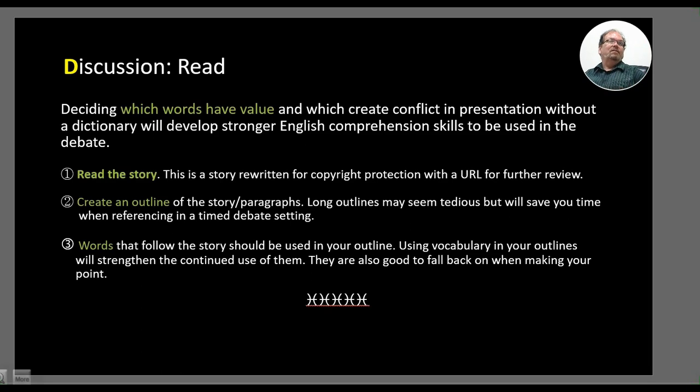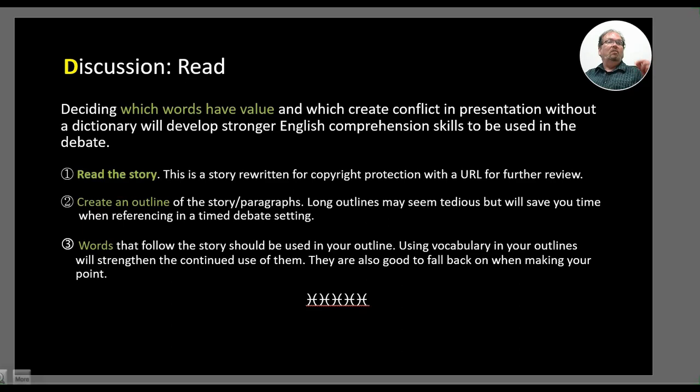Words that follow the story should be used in your outline. So there's lots of vocabulary words, and the URL might have more vocabulary. I've just chosen a few. So using vocabulary in your outlines will strengthen the continued use of them.